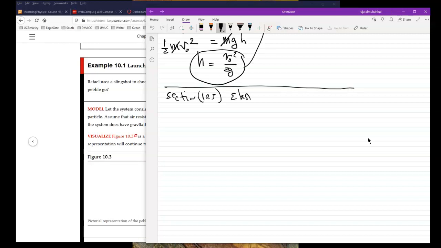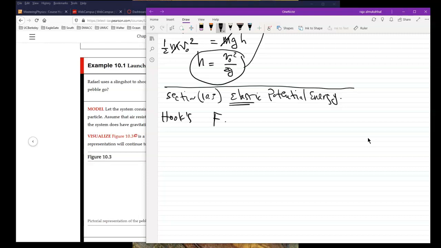Elastic potential energy. When you hear the word elastic, think of a spring or a rubber band or something that's stretchable, if you know what I mean. So if you remember Hooke's law for the spring, right?